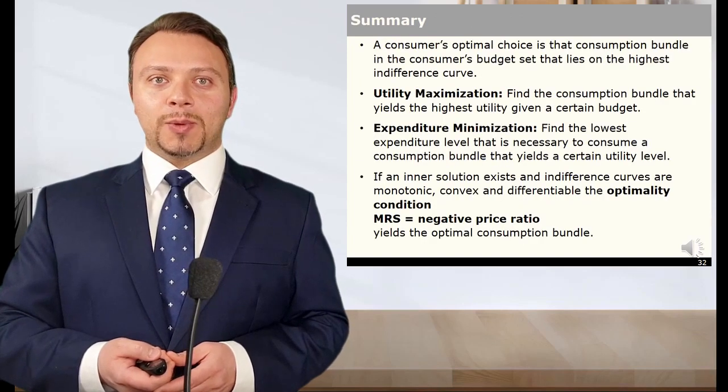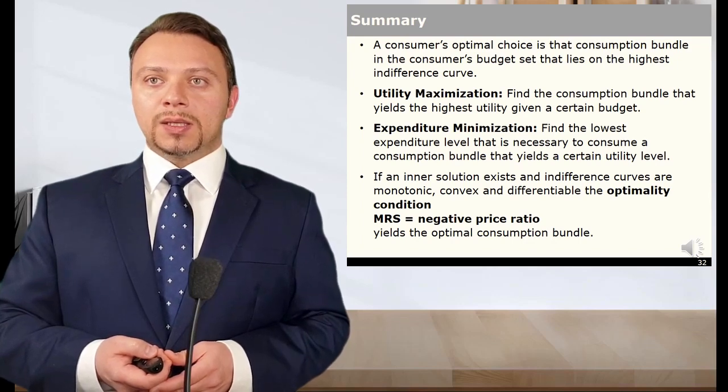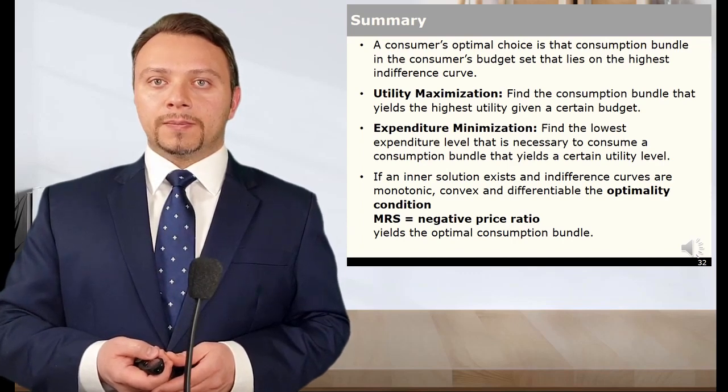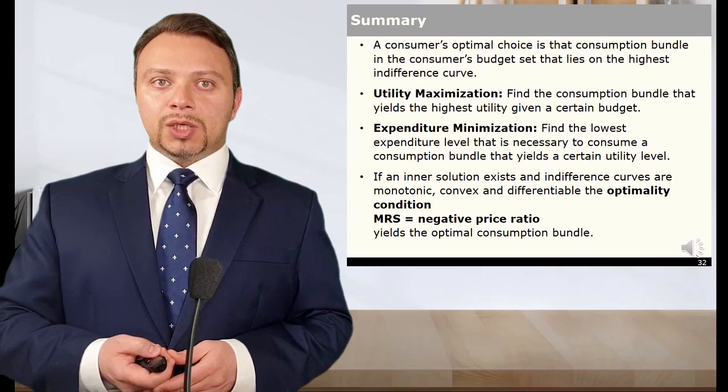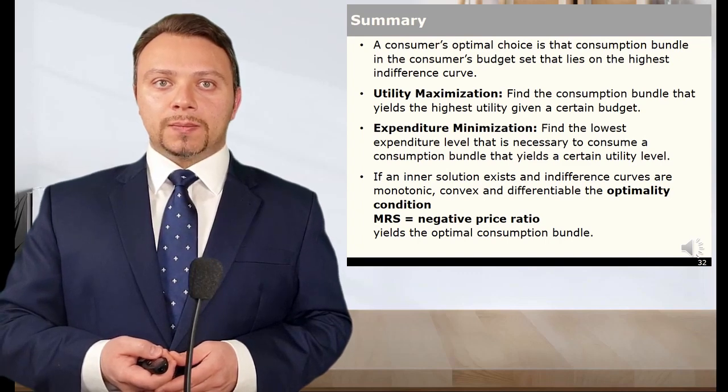Let us summarize what we have learned today. A consumer's optimal choice is that consumption bundle in the consumer's budget set that lies on the highest indifference curve. With utility maximization, we mean to find the consumption bundle that yields the highest utility given a certain budget.